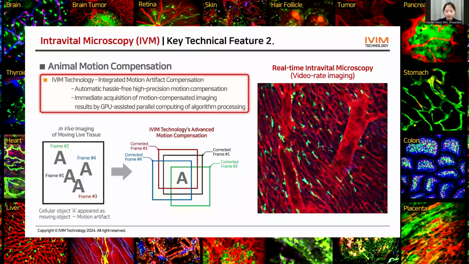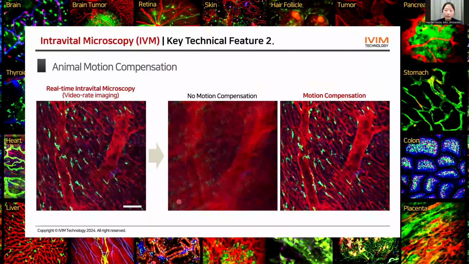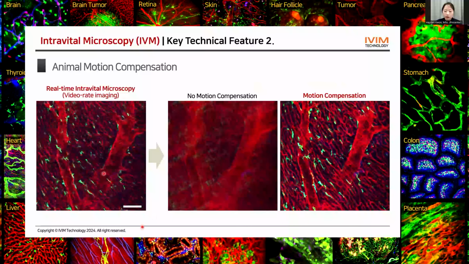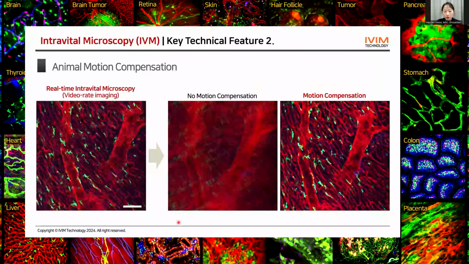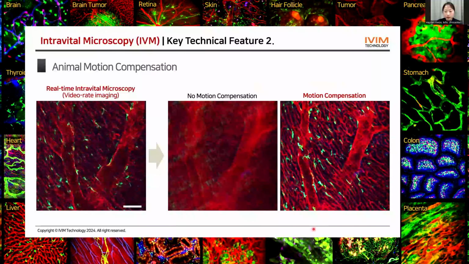This video on the left shows the recorded video acquired during in vivo heart imaging. So in here, the raw real-time video has a high degree of movement, but when we apply the motion compensation, we can directly acquire high quality and clear images without any shifting artifacts.